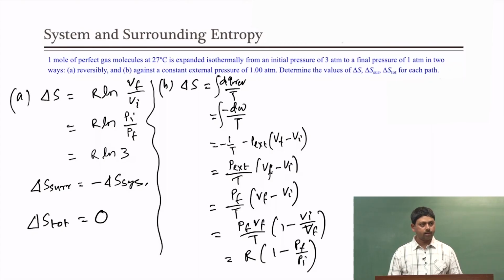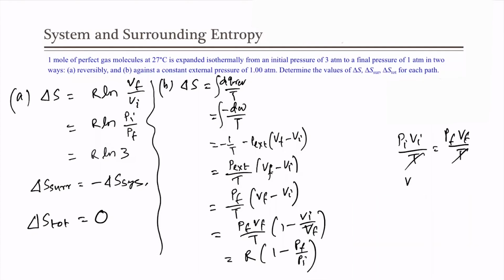You can do otherwise: P i V i by T is P f V f by T, T cancels, then V i by V f is P f by P i, just the opposite of that. Now, we know the values: 1 minus P f, the final pressure over the initial pressure. So, we are going to get 2 by 3 R. Is it okay? All the steps?